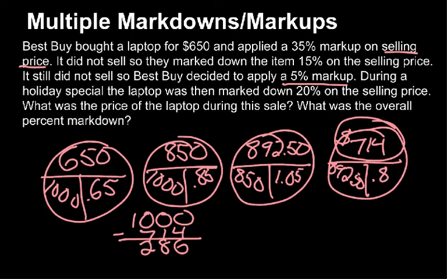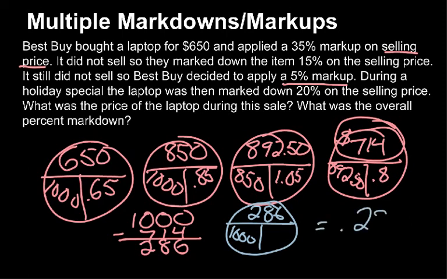Now my final PBR circle is going to be finding percent markdown. I know that the portion is 286, that's the markdown. My original selling price was $1,000, and if I divide those, I end up with 0.286, or 28.6%. It's a lot of work, but it's definitely doable.